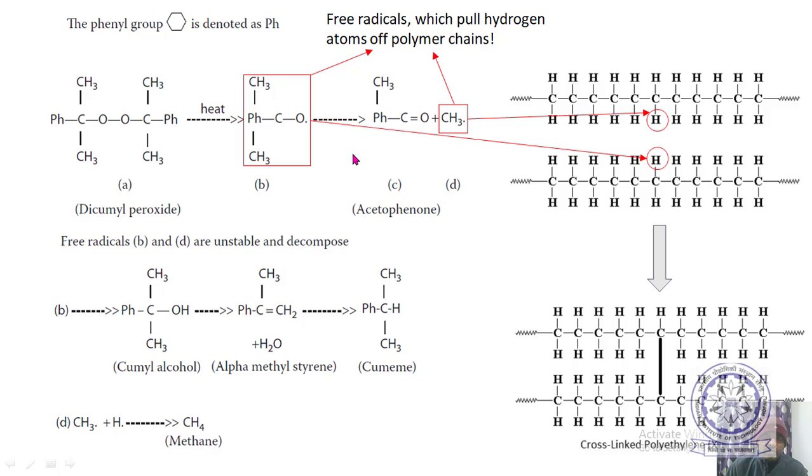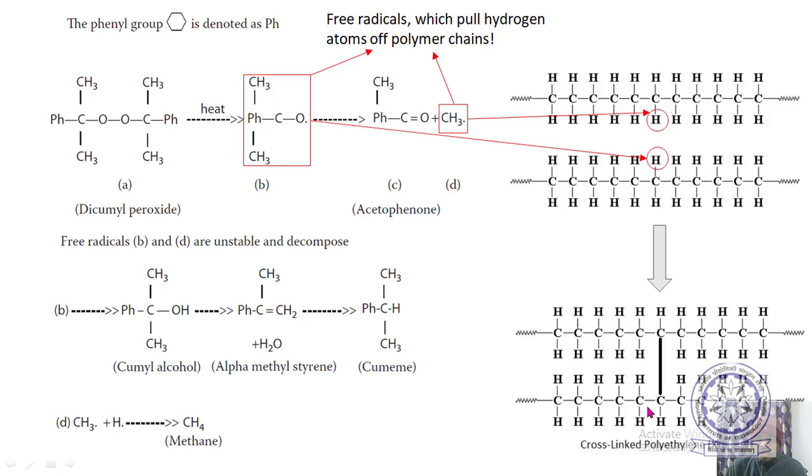Then these free radicals will pull these hydrogen atoms, for example from these two chains. From these two chains, these hydrogen atoms have been pulled by these free radicals of dicumyl peroxide. After that, these two carbon atoms form a bond, like a cross-link.